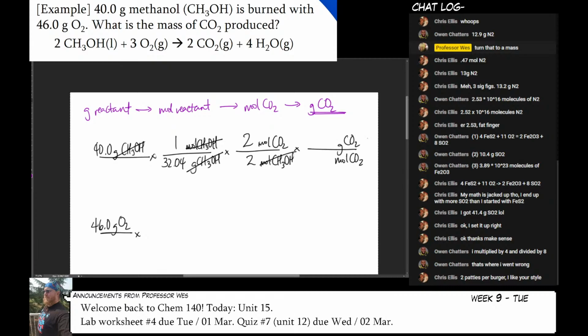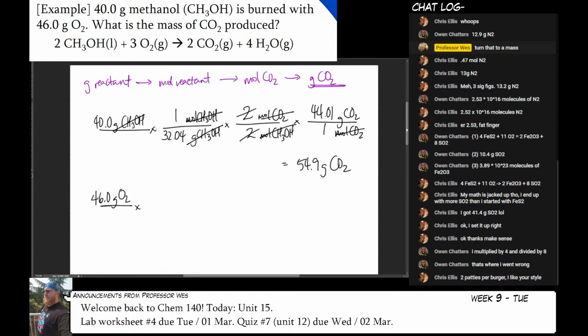And then I just convert from moles to grams. 1 mole is 44.01. That one I have memorized. All right, so if I had 40 grams of methanol, the maximum amount of CO2 I could potentially produce with that, these are both 2, so I'm just going to cancel them, is 54.9 grams CO2. Okay, fair enough.